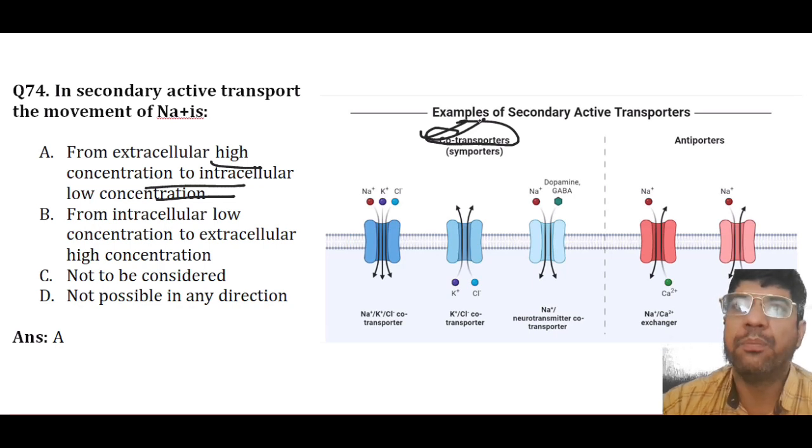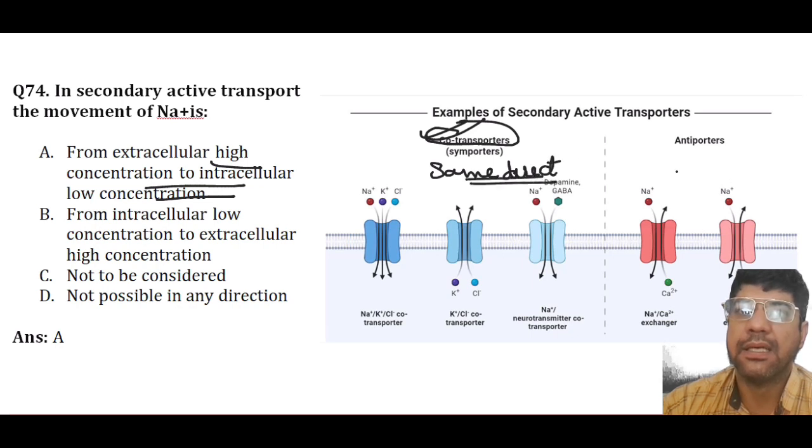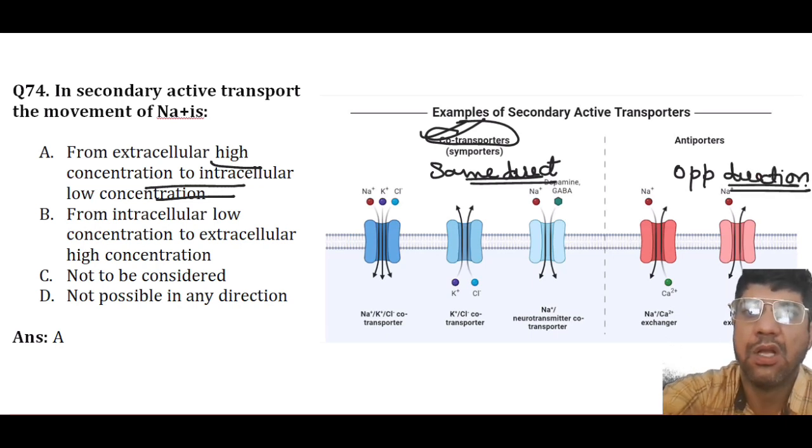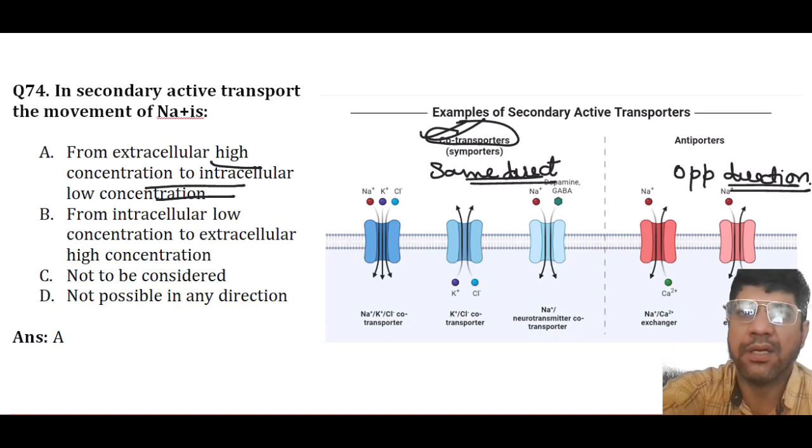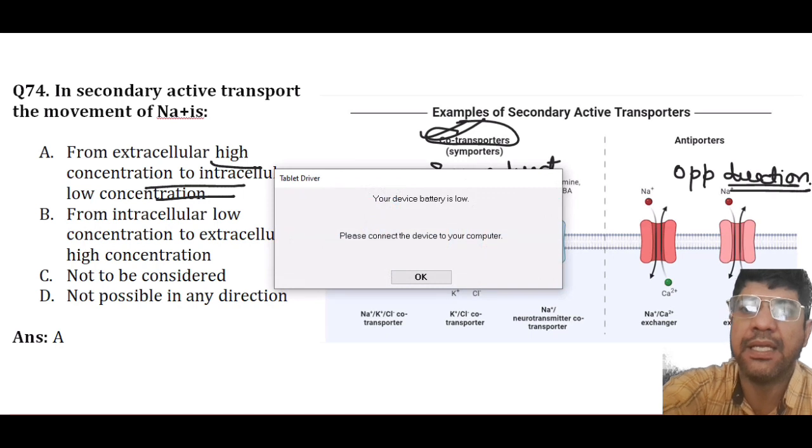In symport, both molecules move in the same direction, whereas in antiport, the molecules move in opposite direction. The example is sodium glucose co-transport. That is responsible for the transport of glucose against its concentration gradient in the renal tubules of the kidney.